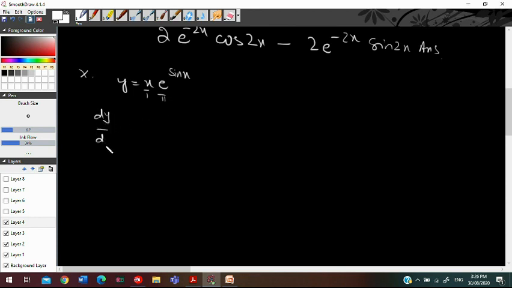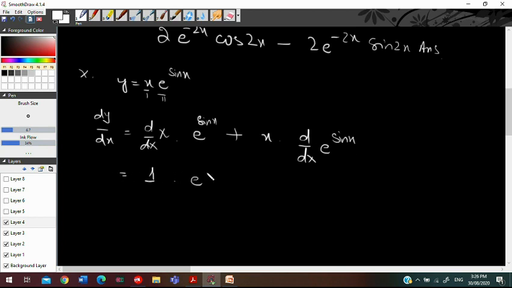So dy by dx is equal to d by dx of x, and exponential of sine of x will remain the same, plus x will remain the same, and we differentiate exponential sine of x. Now the derivative of x is 1, and here we have exponential of sine of x plus x. This is the exponential function, and its power is sine of x.